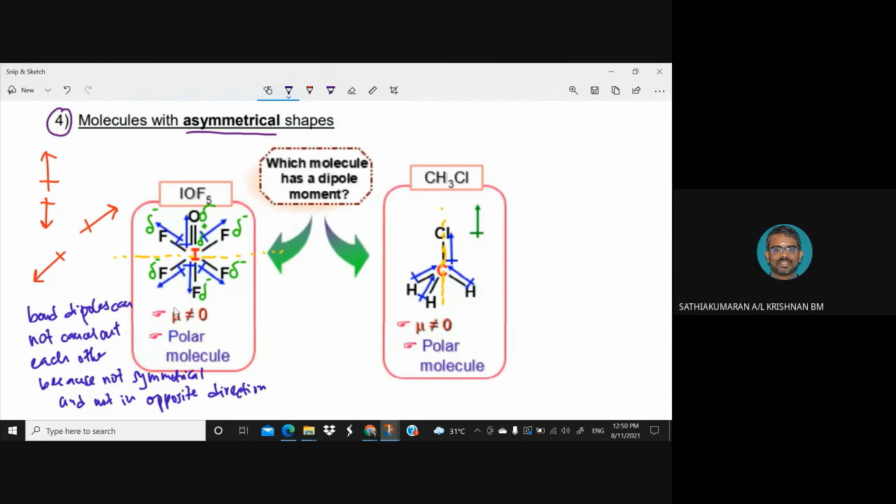So if not in opposite direction, the mu is not equal to 0. This molecule is a polar molecule. Okay, polar molecule.